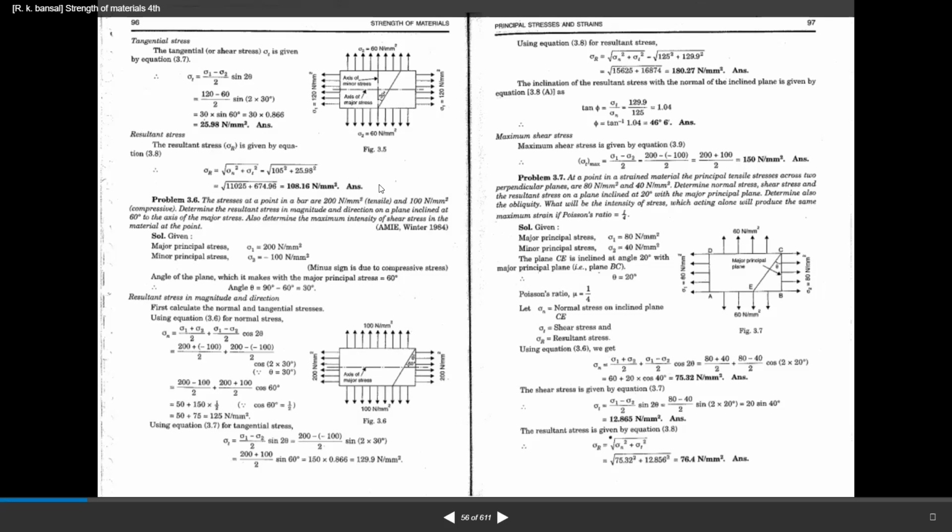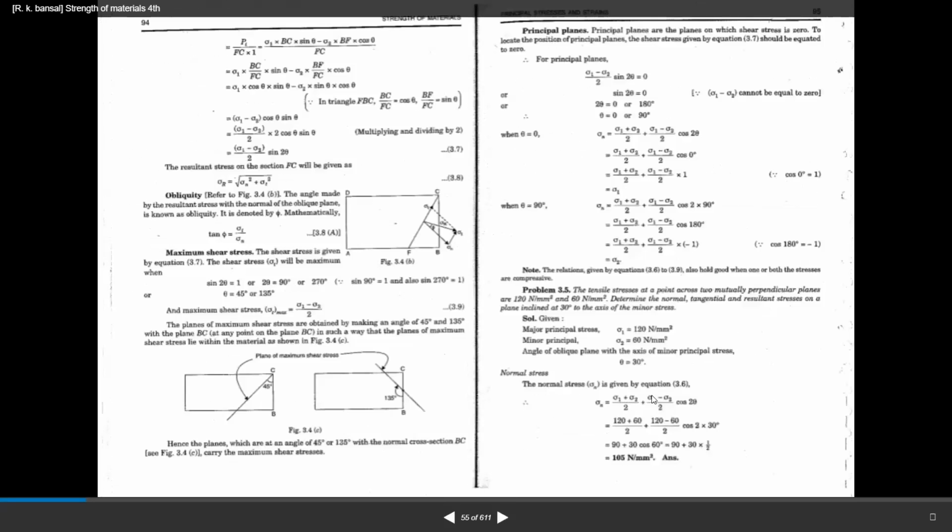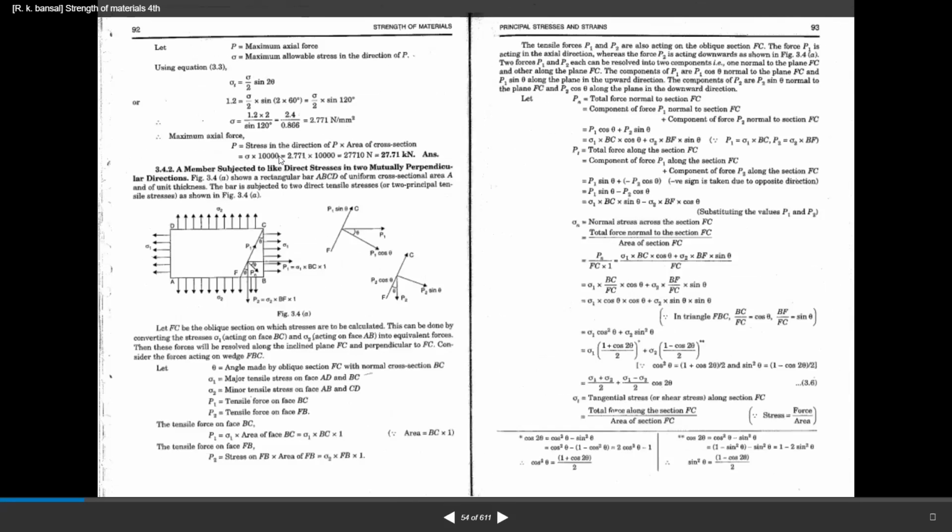These are simple formulas, remember them. For the second case of the analytical method, to get the sigma n value, equation 3.6: sigma 1 plus sigma 2 by 2 plus sigma 1 minus sigma 2 by 2 cos 2 theta. This is the normal stress formula.